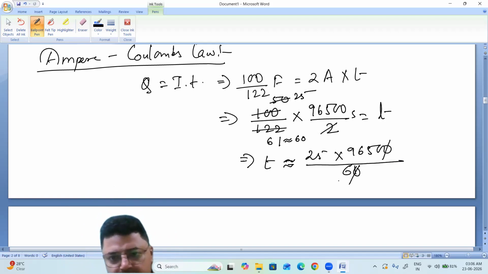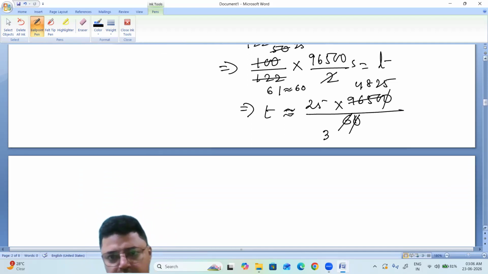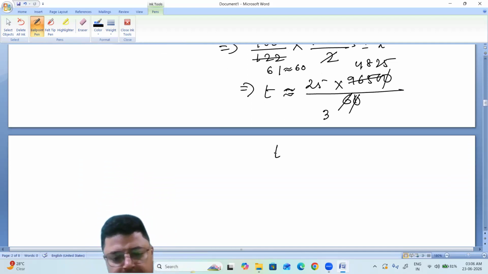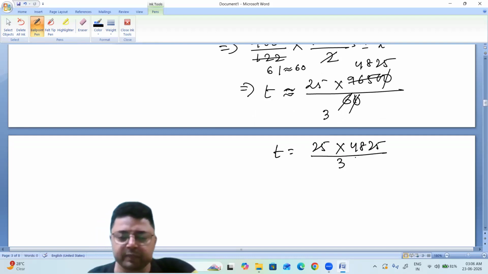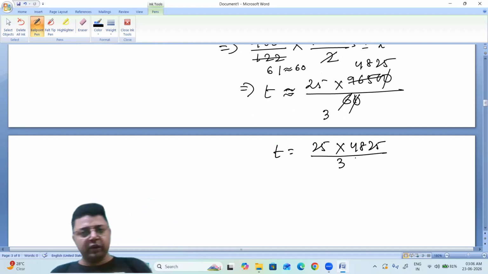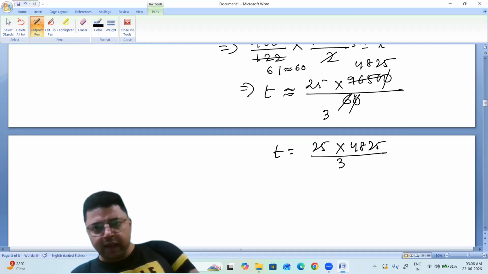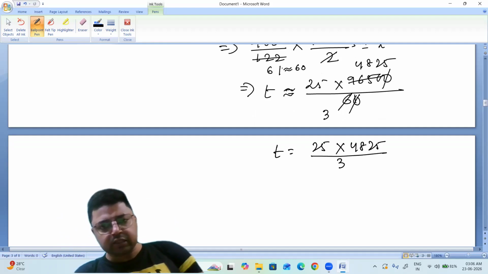Now you can divide this with 2, you will get 3, and if we do this, you will get 4825. So here T equals to 25 times 4825 divided by 3. Now, as we have considered 61 as 60, we can consider this 25 as 24 approximately.